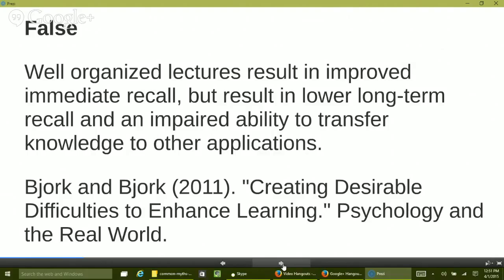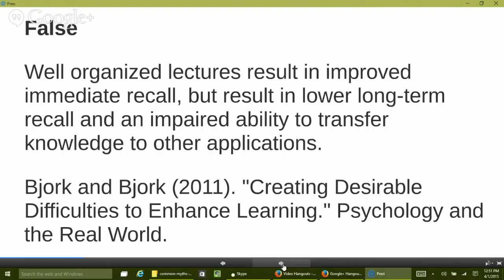If you sit there and everything sounds really logical, it makes a lot of sense, it's very easy for people to sit there more passively and not as actively work with the material and try to apply it in some way. So basically, there's a limit to this.